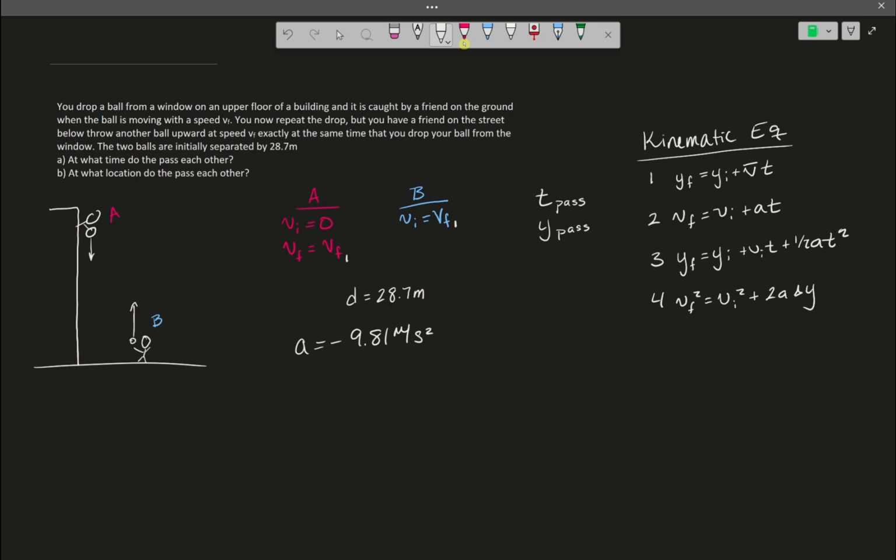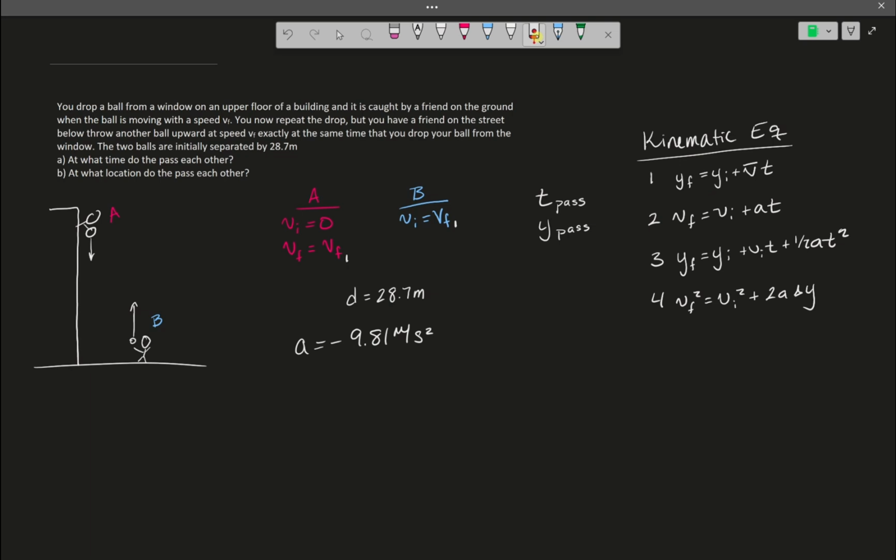I think that I'm going to end up having to do a system of equations for this, just because I don't have very much information. I have acceleration, I have an initial velocity, but I don't have time, I don't have a location where it will be whenever the objects pass each other.